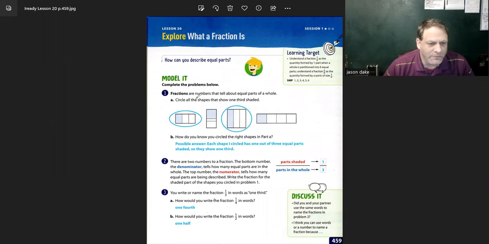Circle all the shapes that show 1/3 shaded. As we remember, in this first one, we're going to say 1, 2, 3. If we were doing it as a fraction, 3 would be the denominator, and it's shaded one time.